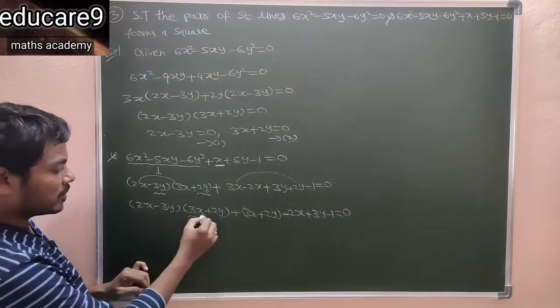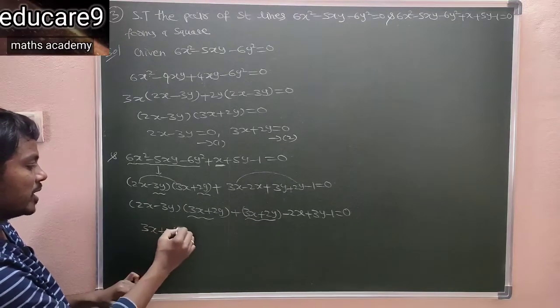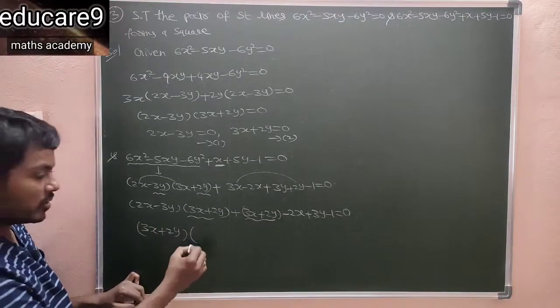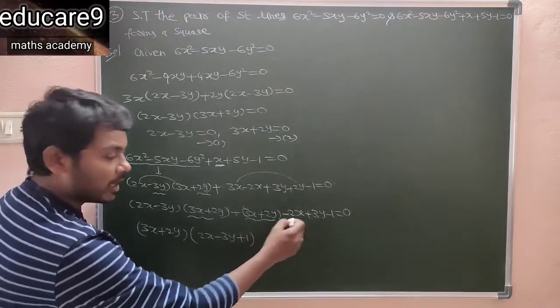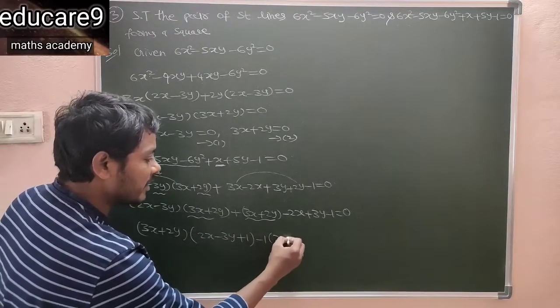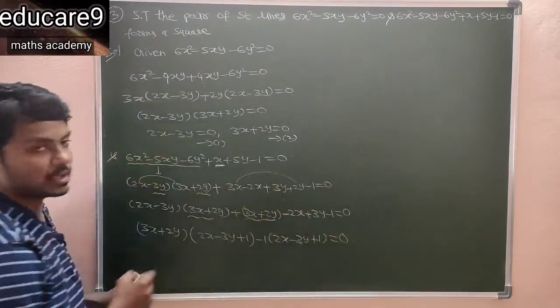See here, in both terms 3x plus 2y is common. So what you get? 2x minus 3y plus, here minus 1 is common. You will get 2x minus 3y plus 1 is equal to 0.